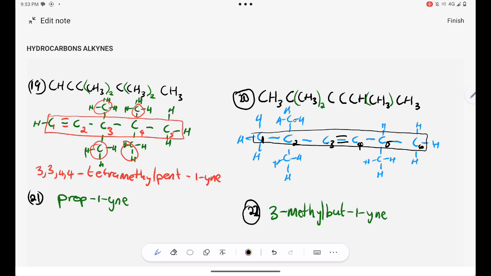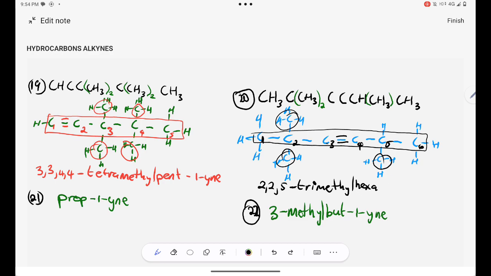Whenever I name this, I must mention the additions first. At carbon number 2, I have 2 of them, and at carbon number 5, I only have 1. In all, I have 3 methyls, so I'll say trimethyl. The parent chain has 6 carbons. This will be hexane.